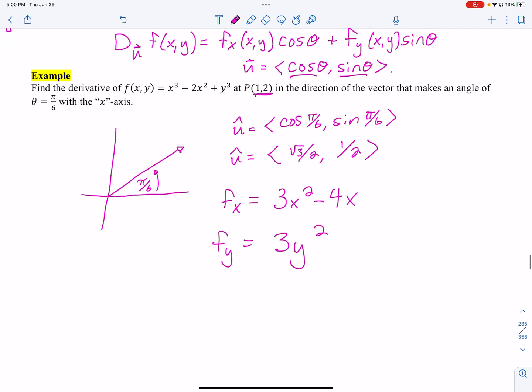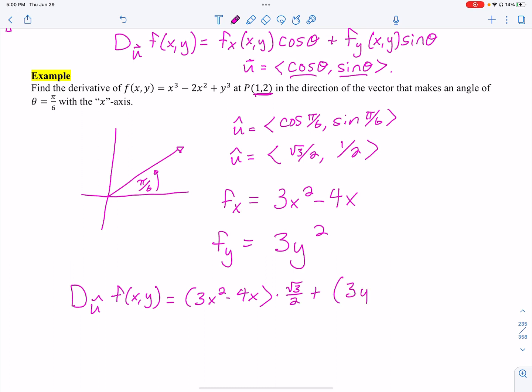If I want the directional derivative, I'll write it in general right now: it is (3x squared minus 4x) times radical 3 over 2, plus 3y squared times 1 over 2.